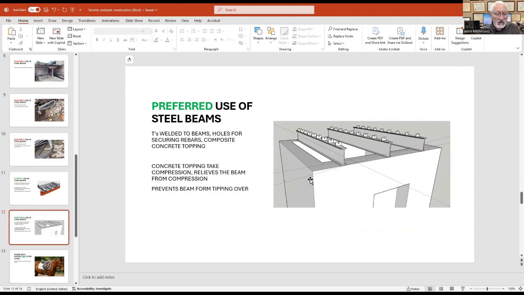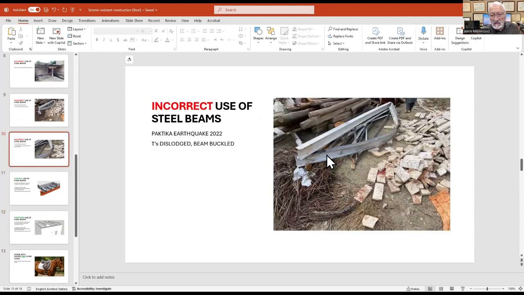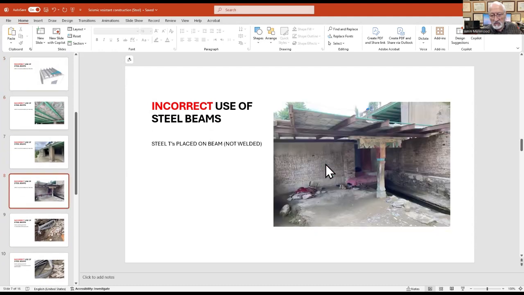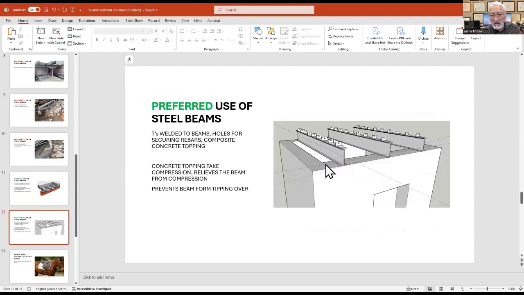Without that technology available in Afghanistan, I suggest this as a preferred use of steel beams: T's welded to beams, holes for securing rebars, composite concrete topping. Instead of putting the T's in full length like they did here, small pieces could be used, welded front and back with a hole in it.